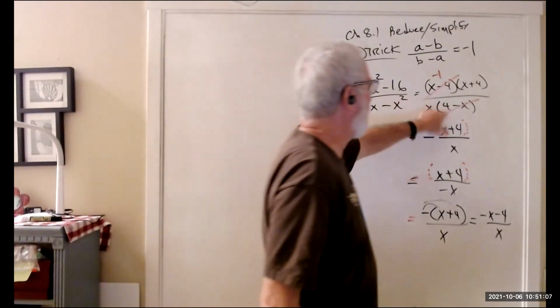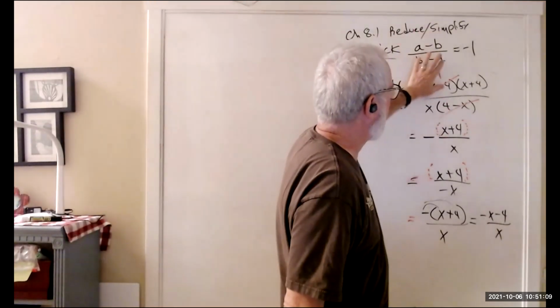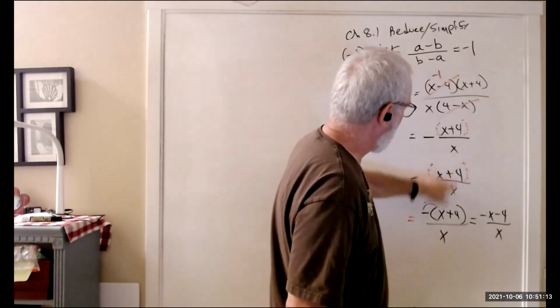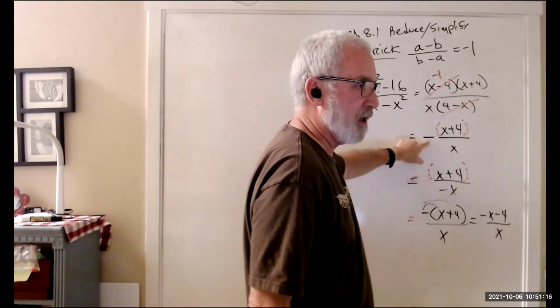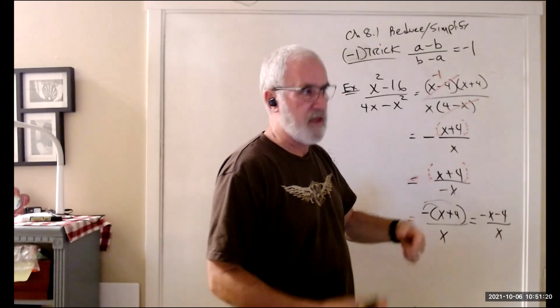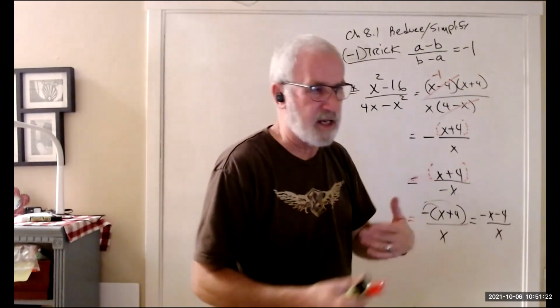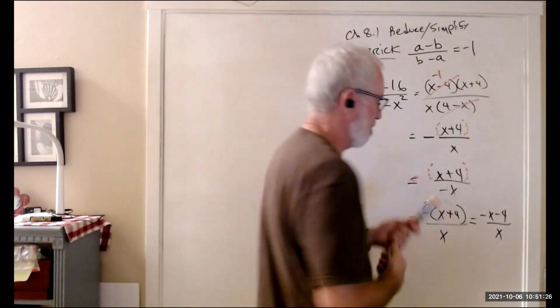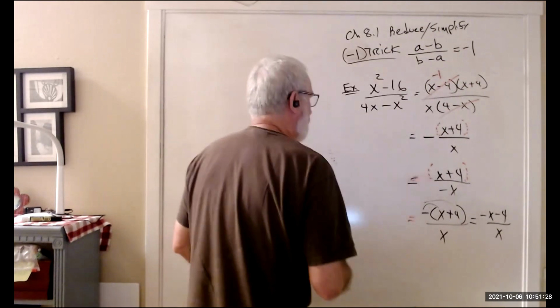These cancel to be -1, so that -1 is multiplying by that, or multiplying by that, or multiplying the whole thing. It's not subtracting. If you put it in the bottom, you'd be saying the -1 is subtracting. If I heard you right.